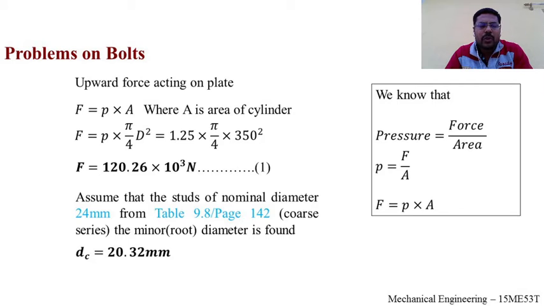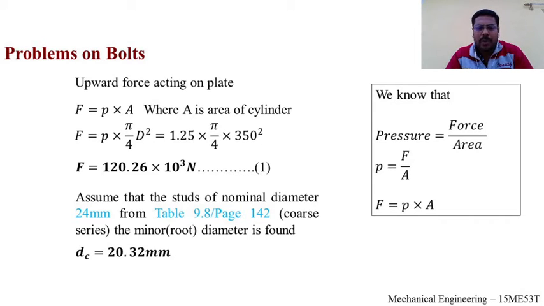Therefore F is equal to P into pi by 4 Dc square, which is 1.25 into pi by 4 into 350 square, where 350 is the diameter of the cylinder head. Therefore F is equal to 120.26 into 10 raised to power 3 Newton.